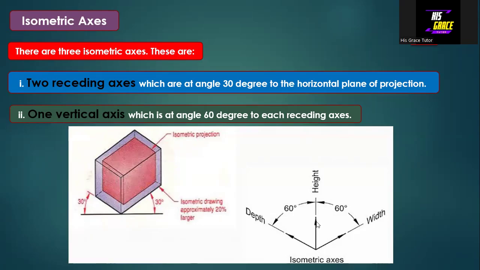The vertical axis is at angle 60 degrees to each of the receding axes. So these are what we call isometric axes. It is very important for you to pay attention to the angle at which each receding line is to the horizontal, which is 30 degrees, and the angle at which the vertical line is to each of the receding axes, which is 60 degrees.